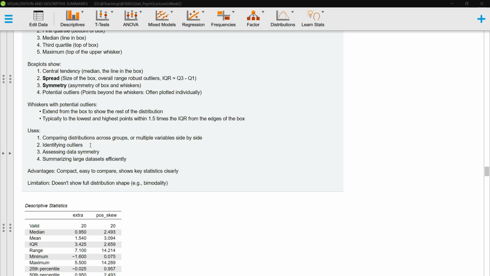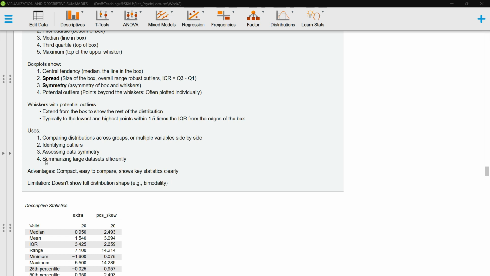And we can also assess the data symmetry by just looking at the shape of the box plot with whiskers. But it is a rough approximation. This is not a comprehensive or detailed description, but it's just an efficient and useful summary.